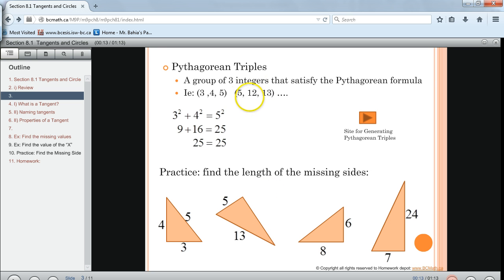Well, yeah, 5, 12, 13. So that's going to be 12. And again, if you don't believe me, do it yourself and figure it out. 6, 8. This side is a 10. Trust me, do Pythagoras, and you'll get that. And then here, 7, 24. This other side is going to be 25. Okay, so Pythagoras. Really quick review on that.